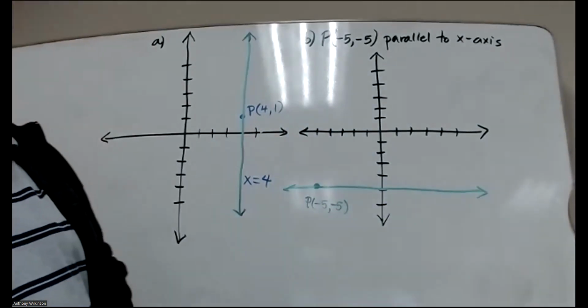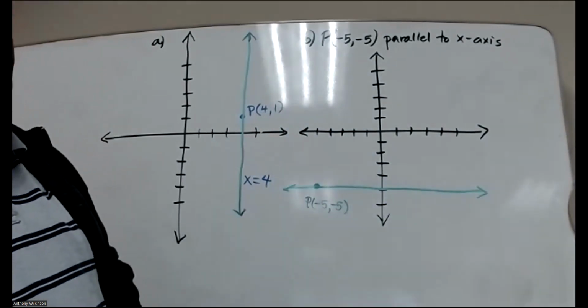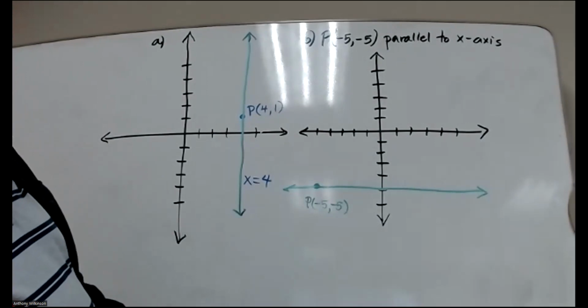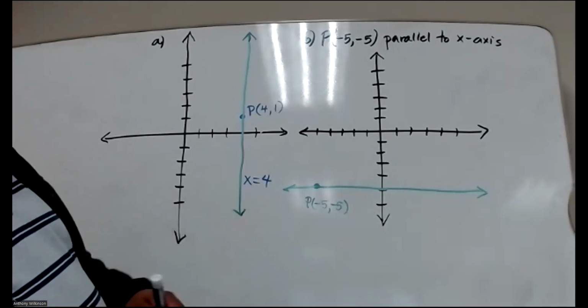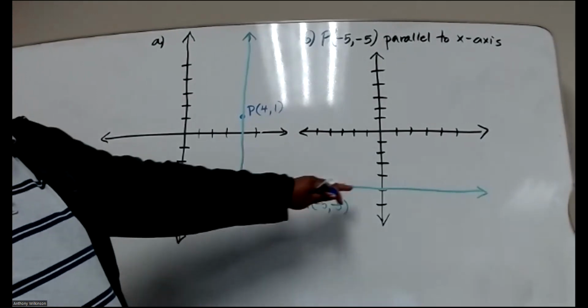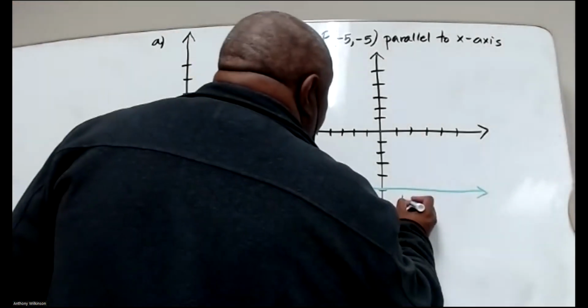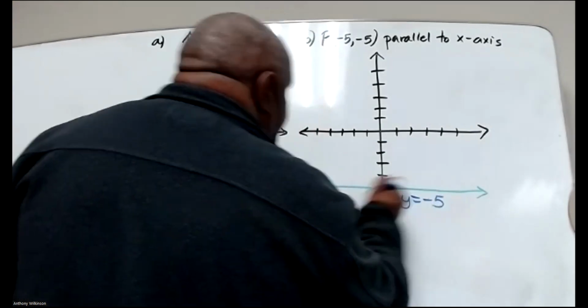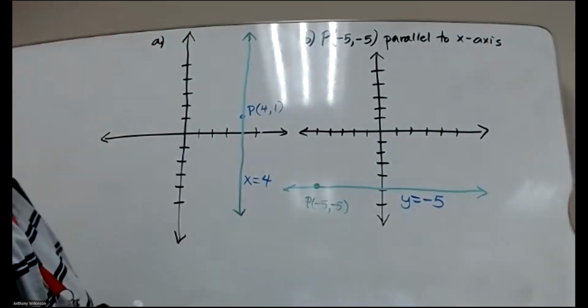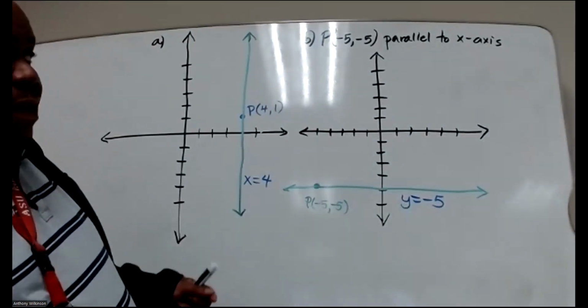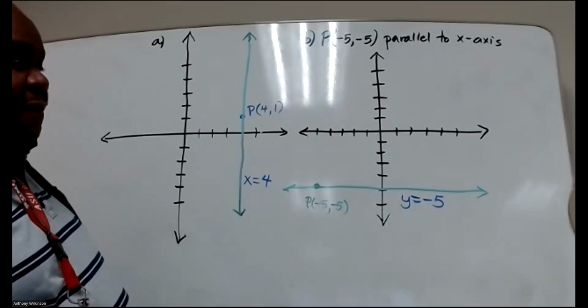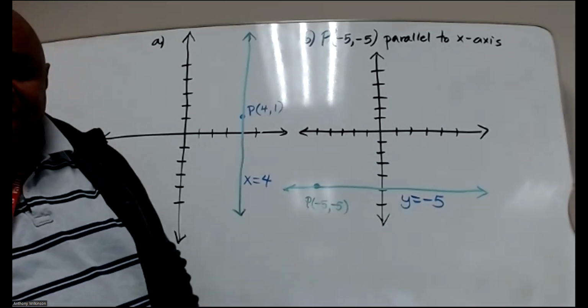So what would you think the equation for that would be? Well, notice it's a horizontal line. y = -5. Okay, because every point on that line has the y-coordinate of -5. So it must be y = -5.